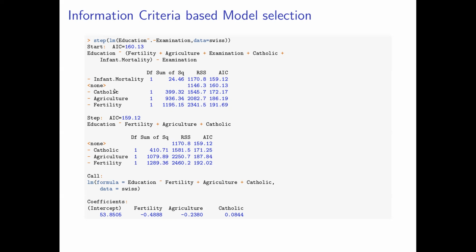So a model which removes this irrelevant variable leads to a smaller AIC than we had with the model we started with. Any other removal of a further variable would increase this AIC, this information criterion, and therefore lead to a worse model than the one we have already.